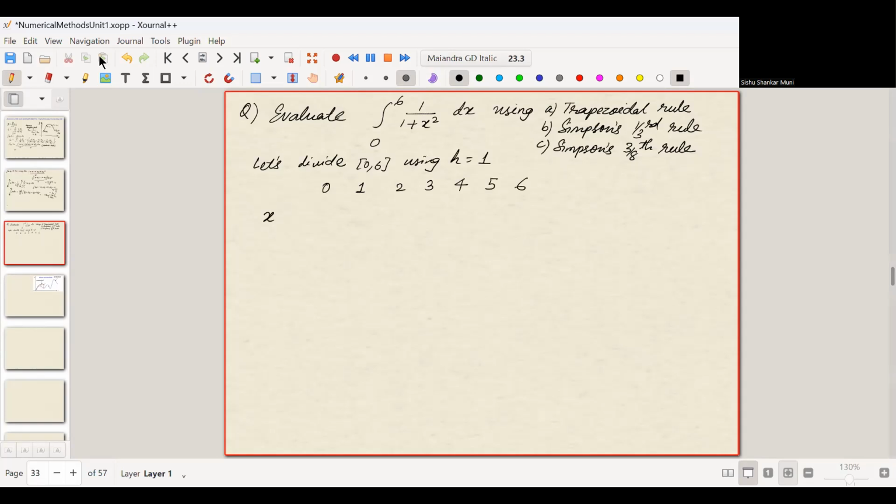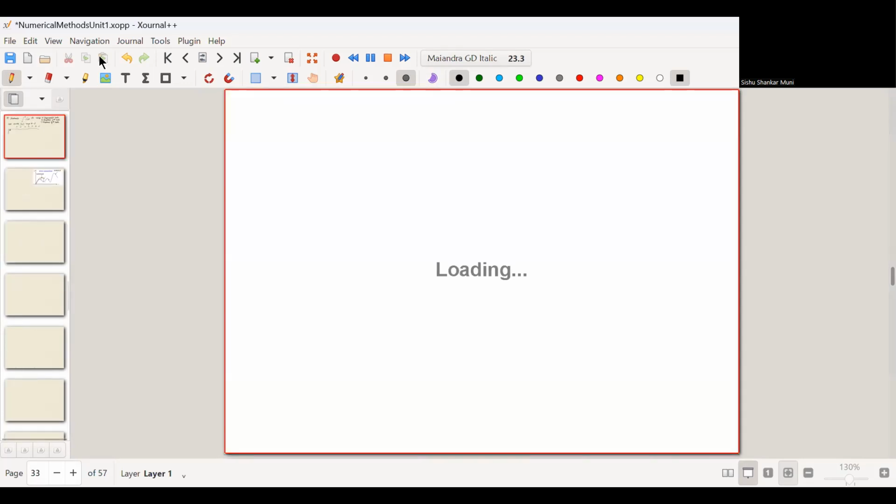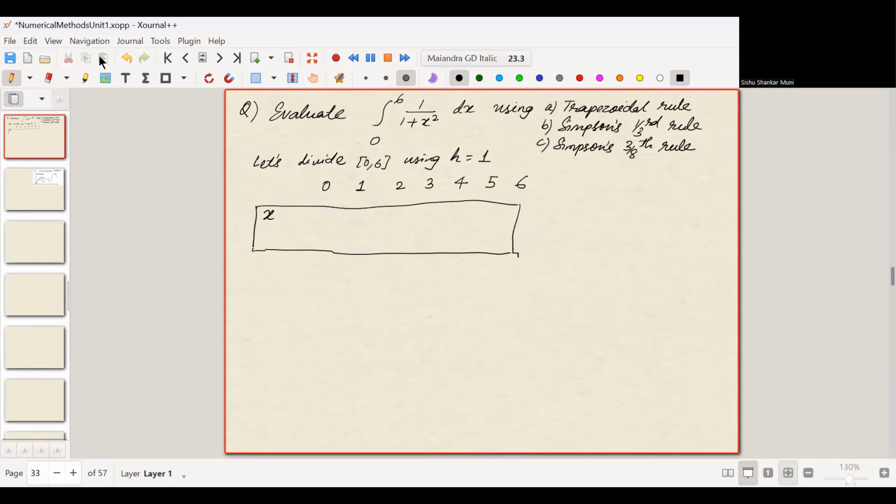I'm writing here a table. This is x, and this one will be f of x. So 0, 1, 2, 3, 4, 5, 6.